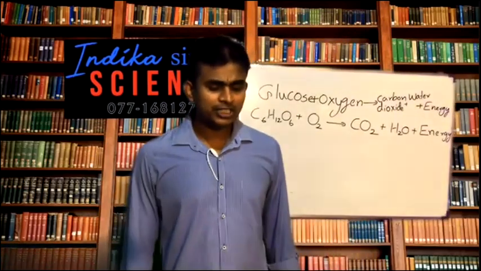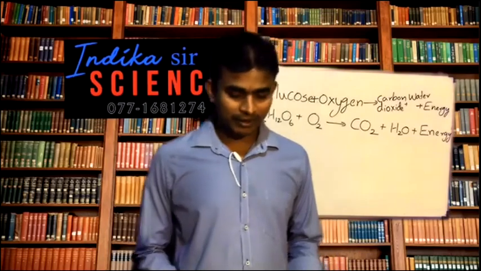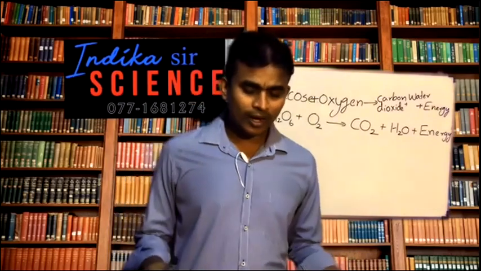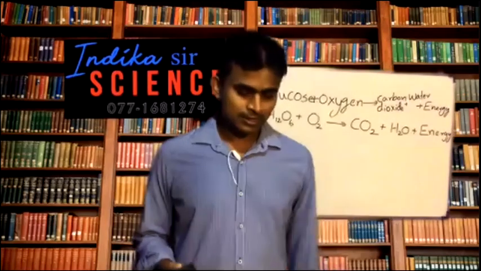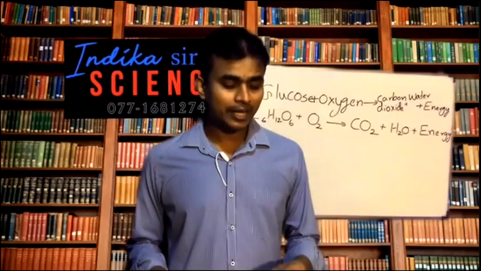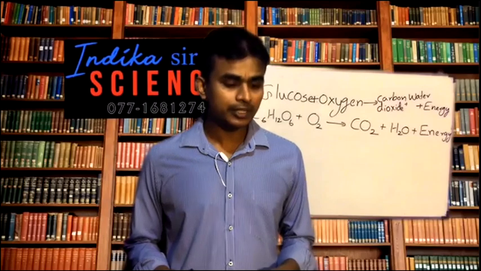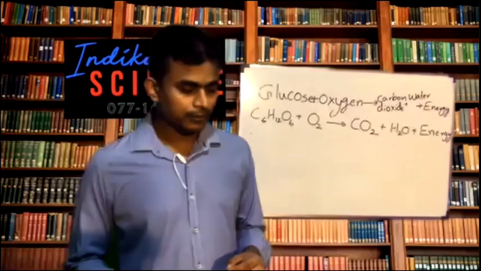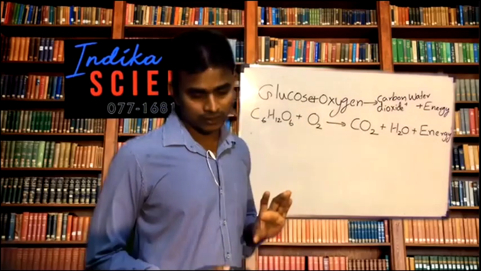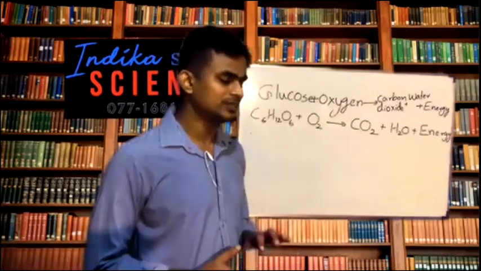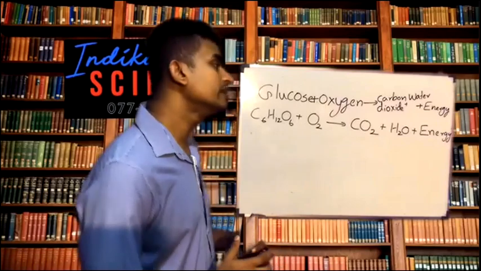Cellular respiration is a series of biochemical reactions. There is a square given to you to complete, to write the chemical equation for the cellular respiration process. So what you have to do is write down the chemical equation of the cellular respiration process. No need to write down the word equation.